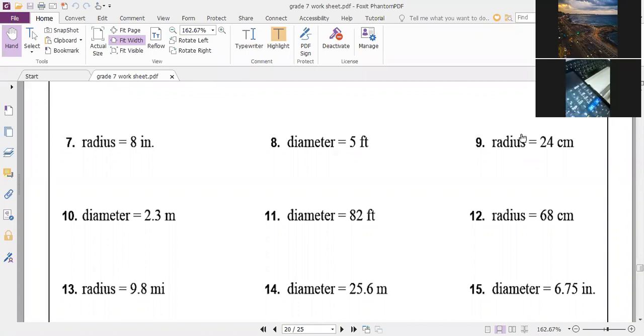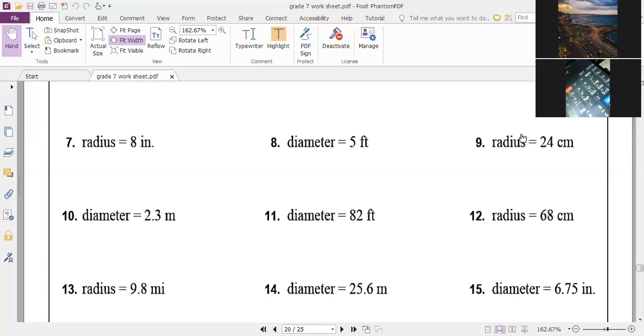So if the radius is 9.8, what will I do? I will use the number as it is. So we will use 9.8 squared times 3.14. It equals 301.5656. Because 6 is greater than 5, I add 1 to 5.